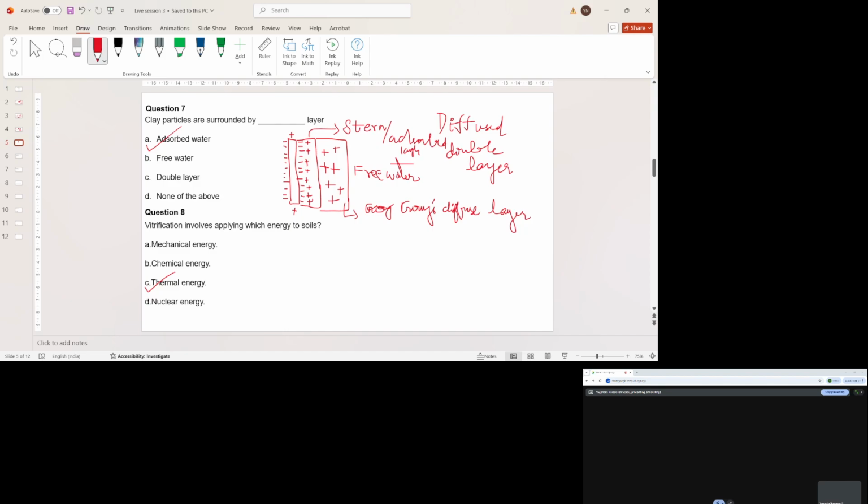It is not the scope of the subject, but it is an energy field in which soil interacts with the environment. That's why this question has been included. The answer is thermal energy. All right.